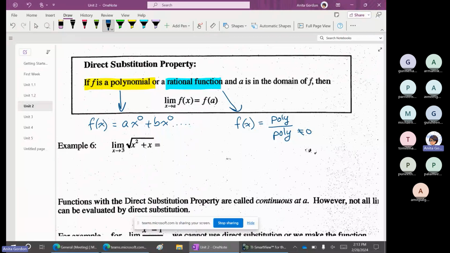Okay, so if you have a polynomial or a rational function and a is in the domain of f, meaning in the domain of whatever you're looking at, then you can substitute directly, just like we did on the last page. So if the value of a is defined in the domain, then you can use direct substitution.